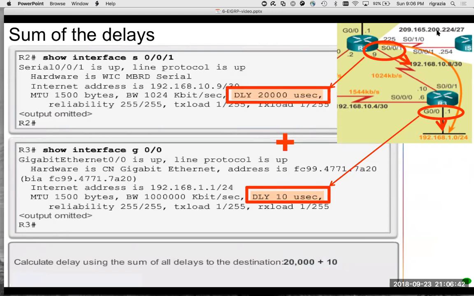You see that there on the output. But in this case, we're not using the slowest, we're actually using all the delay values, so we're going to add those up. We calculate the delay by summing all the delays to the destination. So here we have 20,000 plus 10, and we divide that by 10. That's just part of the EIGRP composite metric, and we get a delay value of 2001.